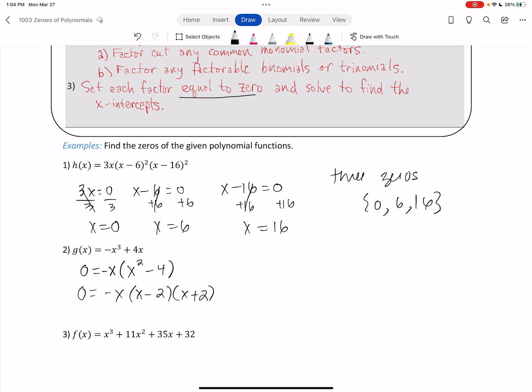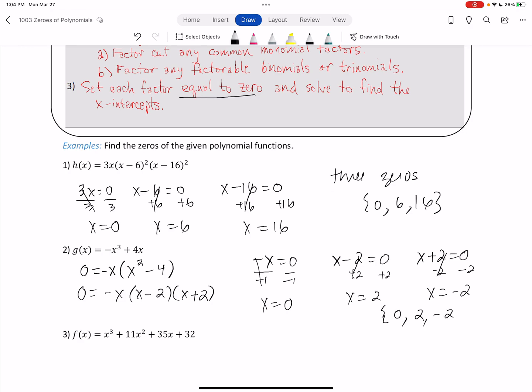And now it looks like the first example. Negative x can be 0, x minus 2 can be 0, or x plus 2 can be 0. Divide by negative 1, x is 0. Add 2, x is 2. Subtract 2, x is negative 2.